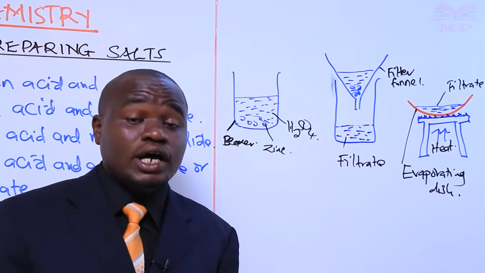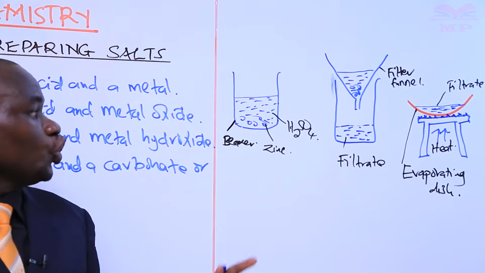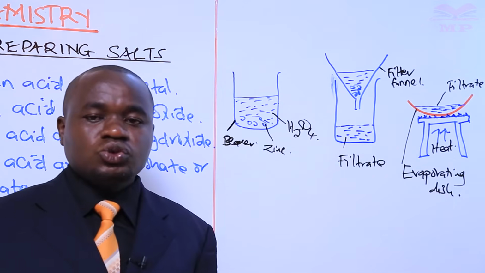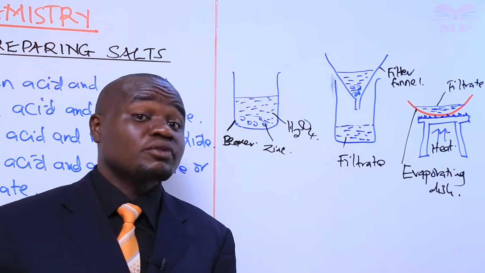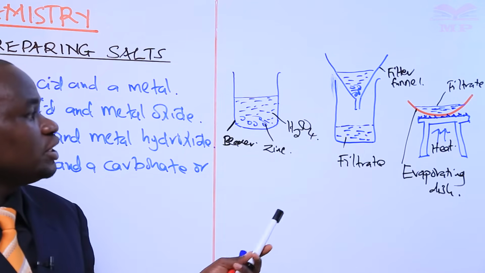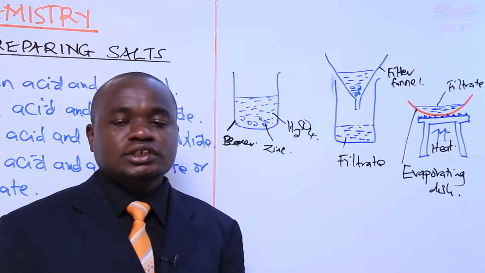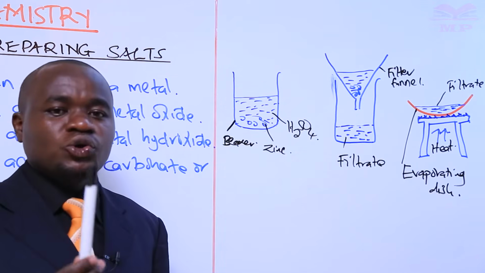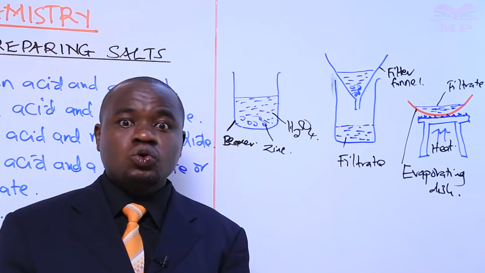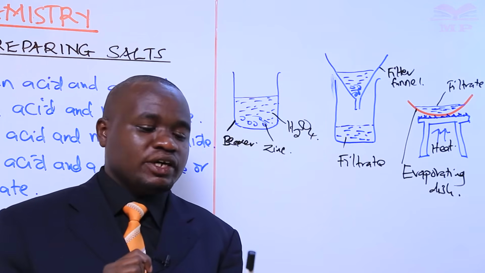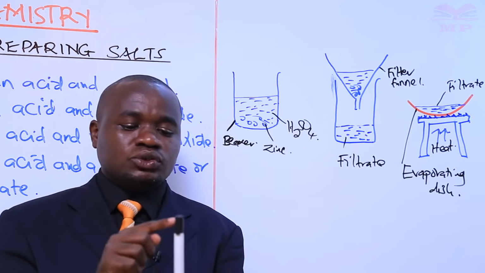Remember, we have said, as you carry out evaporation, you should take note when the solution is ready to form crystals. And how do you know that? By simply dipping a clean glass rod into this saturated solution, and then you hold it in the air and allow it to cool. Once it cools, you observe the glass rod. You'll see crystals on the glass rod.